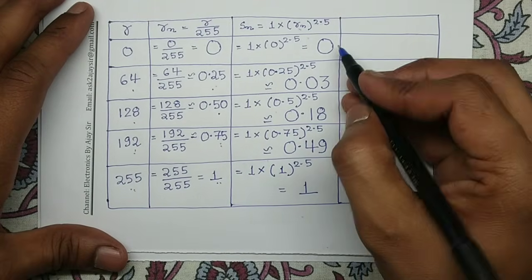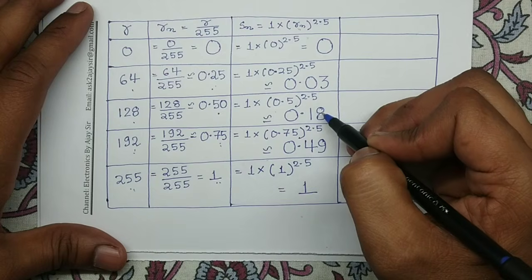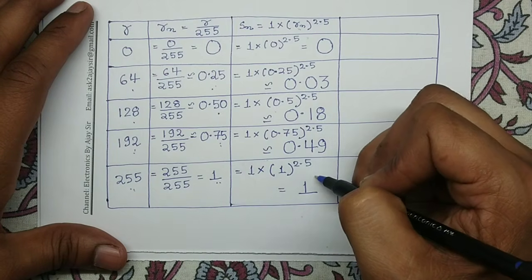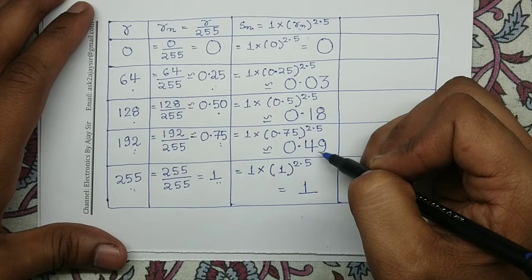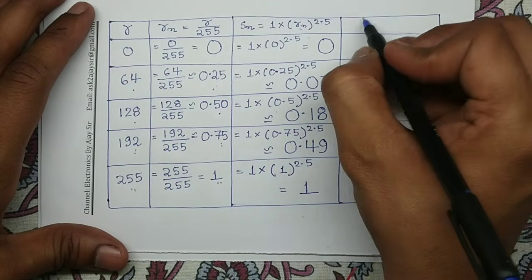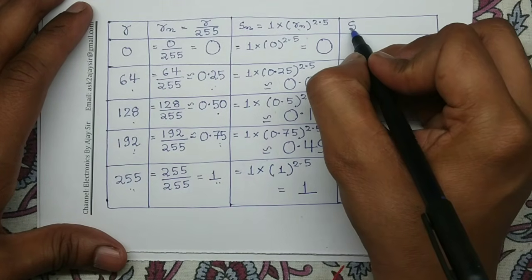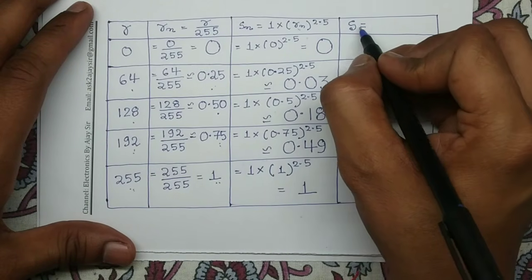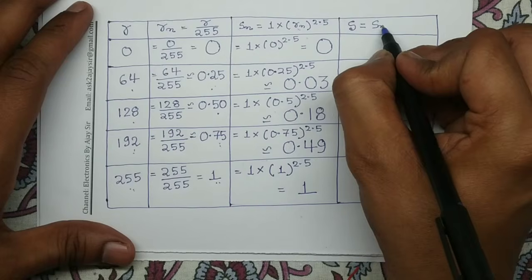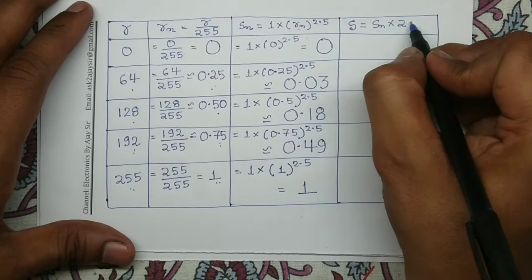So we have obtained the normalized output intensity values Sn, and finally we will convert these into unnormalized output intensity value S by performing the simple mathematical operation S equals Sn into 255.